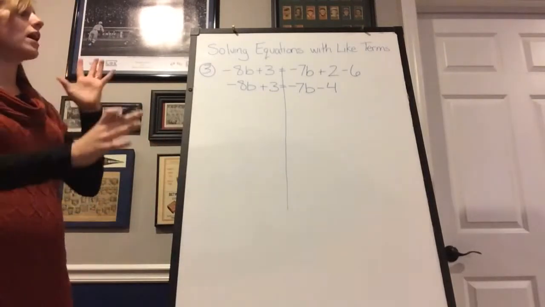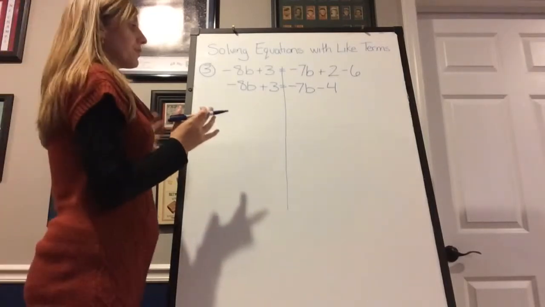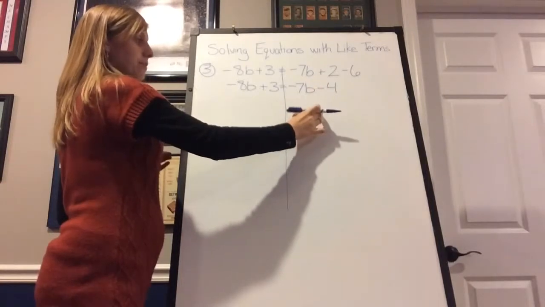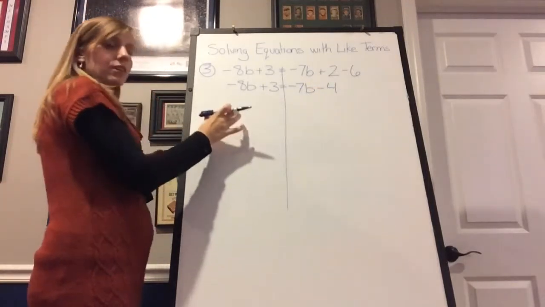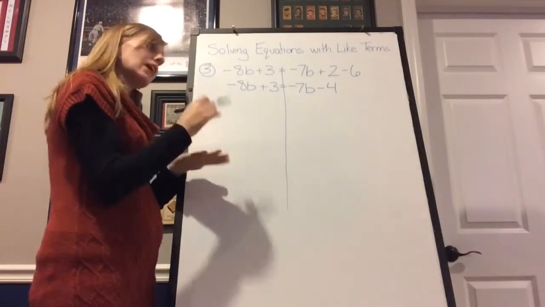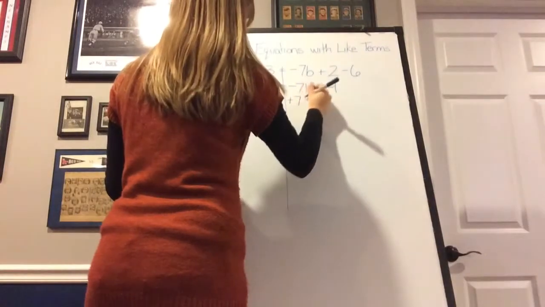That means we need to cancel out and move to opposite sides. So the first thing that we want to do is get our letters together. Negative 8b, negative 7b. So I'm going to move my negative 7b to the left-hand side. To cancel it, I have to do the opposite. The opposite of negative 7b is positive 7b.